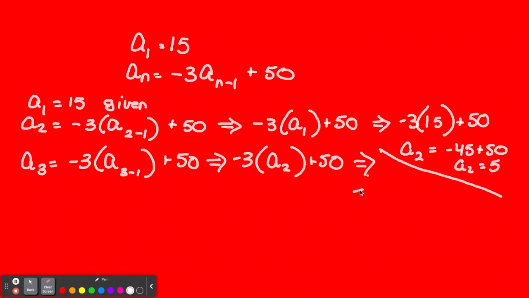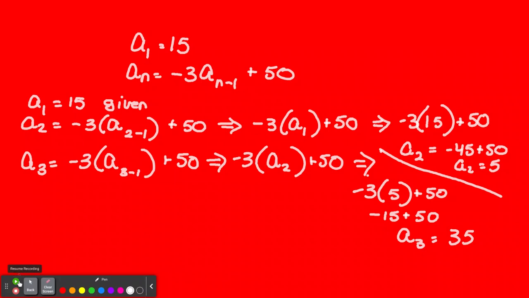So now we have negative 3, and the second term was 5. So it's going to be negative 15 plus 50. And we now know that a3 is 35. So let's see if the calculator gives us that. What'd you get? And again, make sure you can do it both ways, on paper and with the calculator.